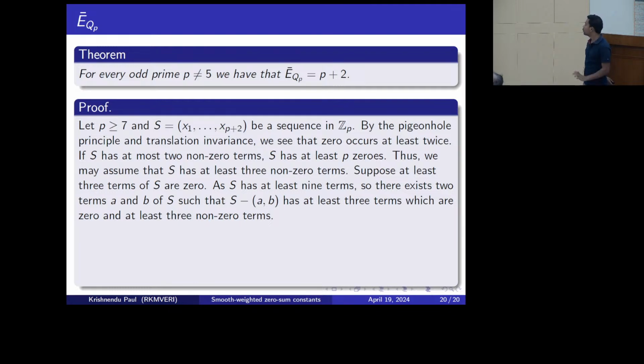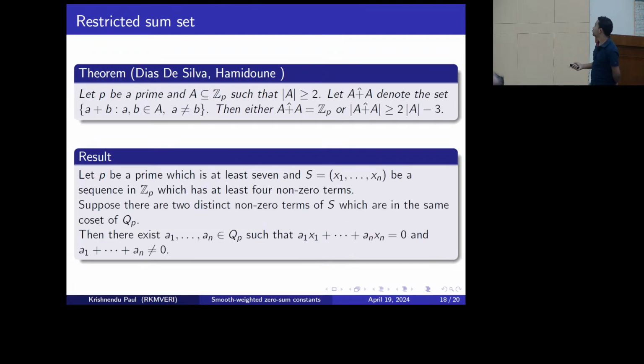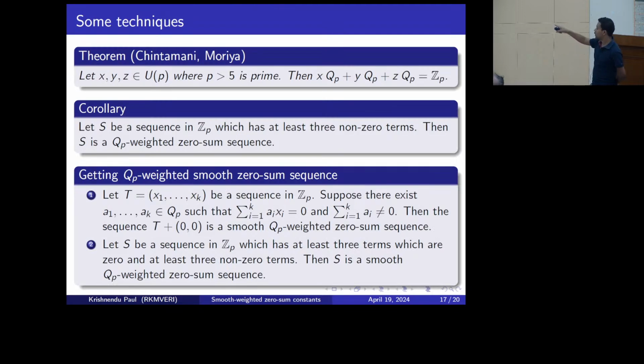By removing 2 terms we get such a subsequence, which satisfies the previous condition: if there are at least 3 zero terms and 3 non-zero terms, then it is smooth.